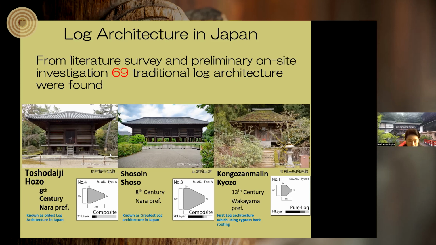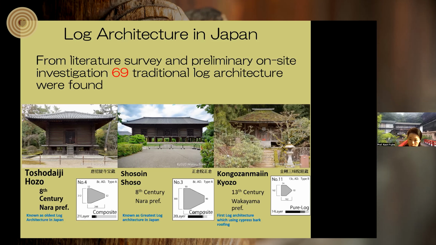This is an example of an 8th century storehouse, and you can see this distinct triangular shape. Another one of our oldest existing log buildings is seen in the center, called Shosoin, an official storehouse, the treasure house of the imperial family.